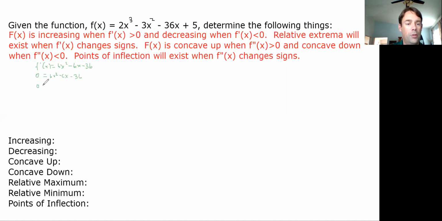So 0 equals, I'll pull out the 6 there, and this would have gone to x minus 3, x plus 2. So we have x equals 3 and x equals negative 2.